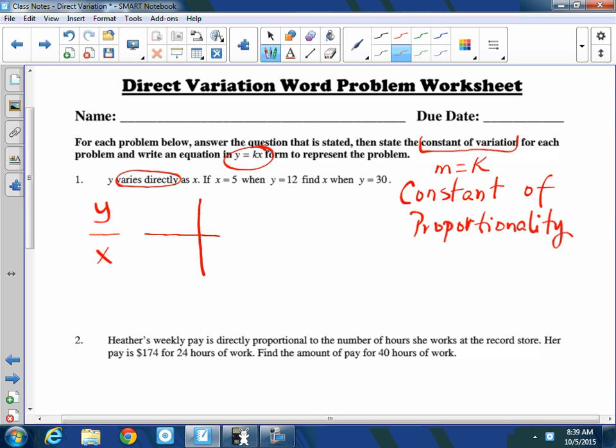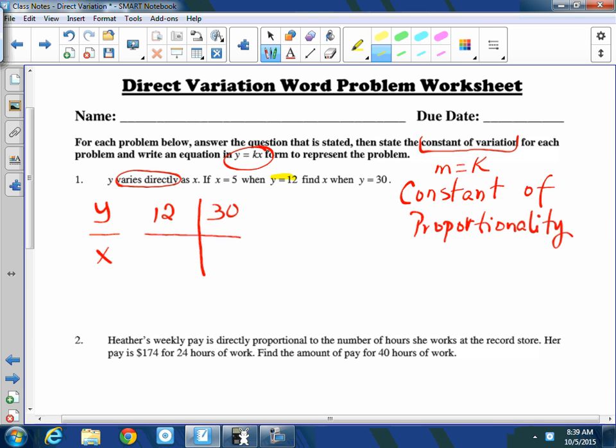Okay, so this is what I'd like to do. What are my values of y? 12 and... No, x is 5, right? 12 and 30. And you may want to highlight them in different colors. That helps too.